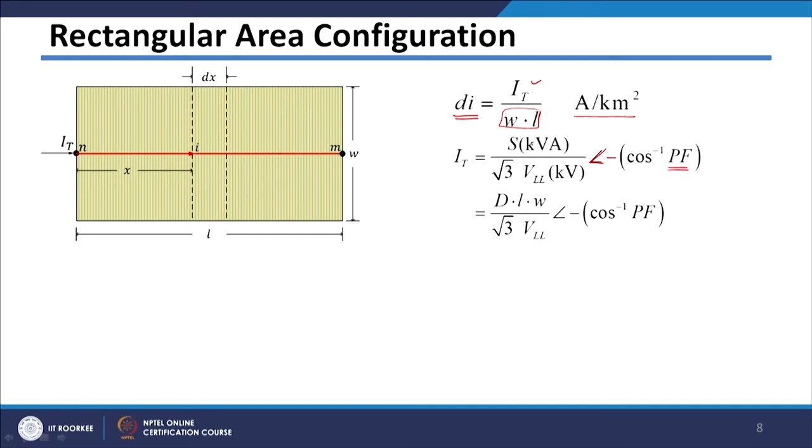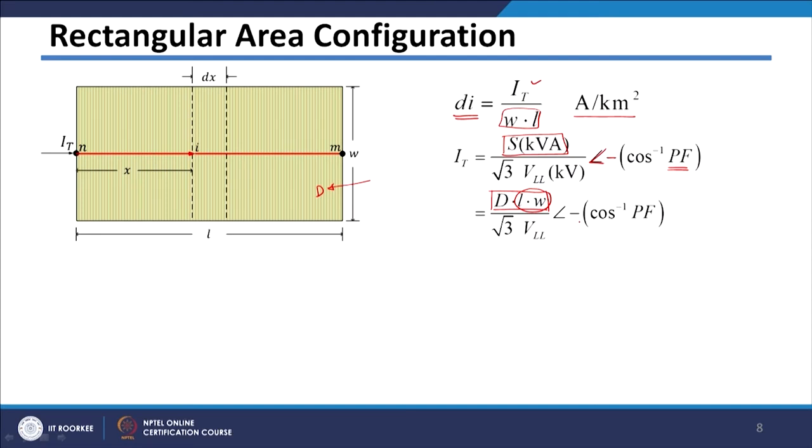So, in this case the kVA supplied in this area will be nothing but D, your load density, multiplied by the area, which is L multiplied by W. So, the total load served in this area is given by D multiplied by L multiplied by W, because the area is L multiplied by W here, divided by root 3 into VLL, and the angle is minus cos inverse of the power factor.